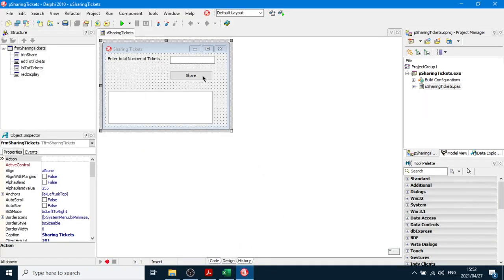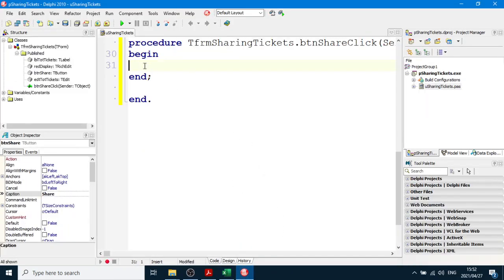Right, so in my button click event I'm going to make some variables: var I, A, M, and Z, colon integer. We don't have to worry about real numbers, although when we divide we might have to, but we'll talk about that just now.